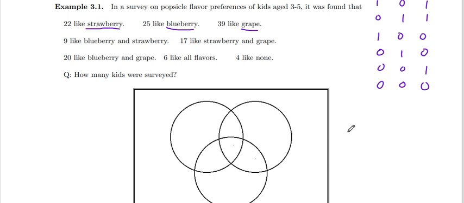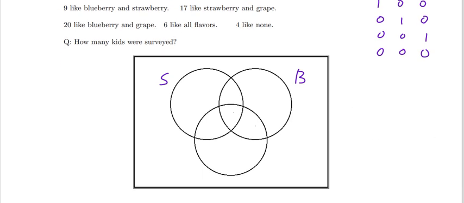So here we have 3 factors, and we try to split people by the 3 factors. For such a problem, suppose this is the part for strawberry, this is blueberry, and this one is for grape. So we put that information into this Venn diagram.